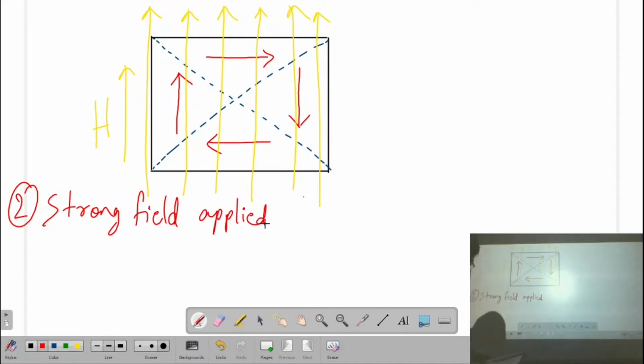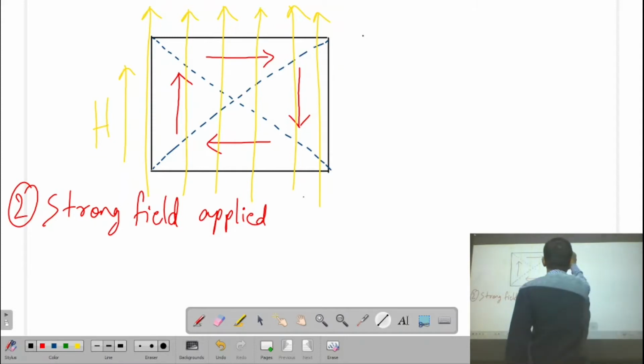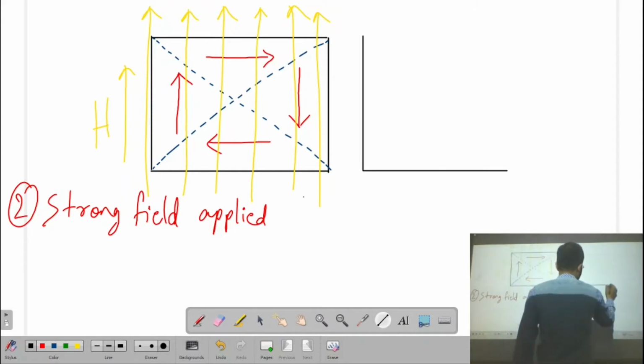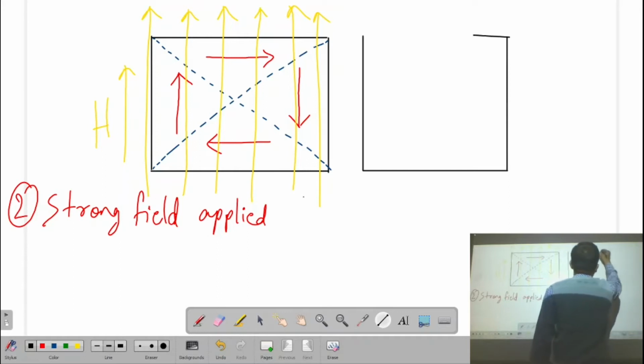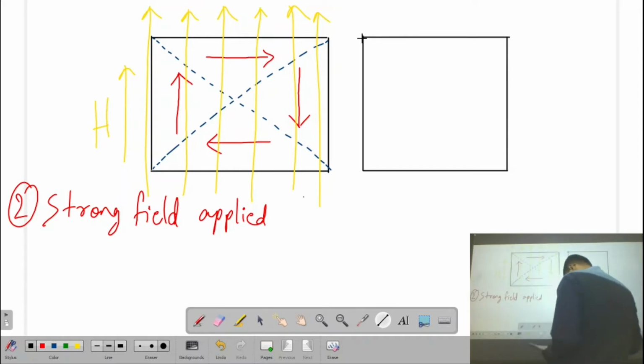When a stronger field is applied, then what is going to happen is, let us see.